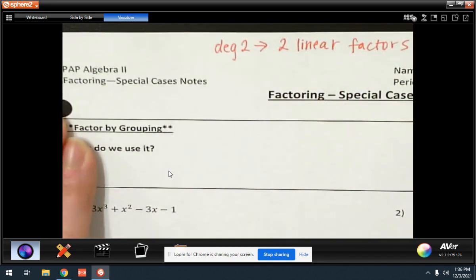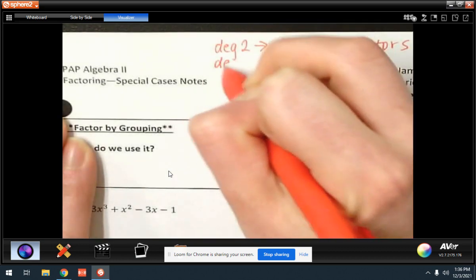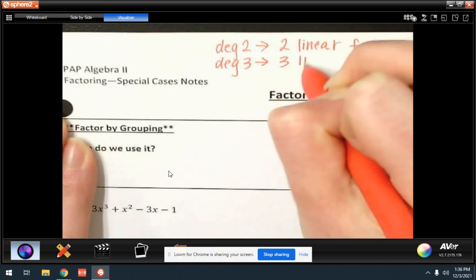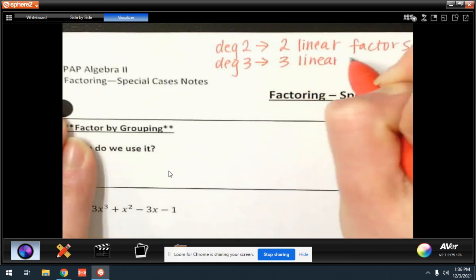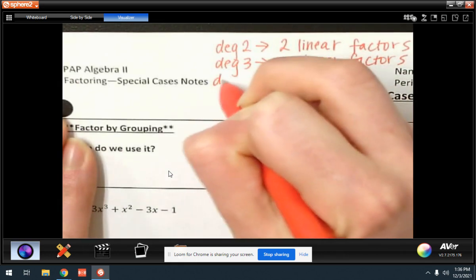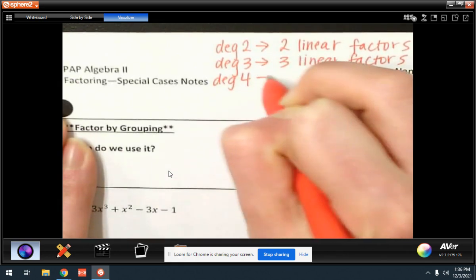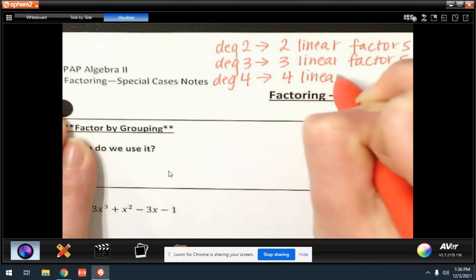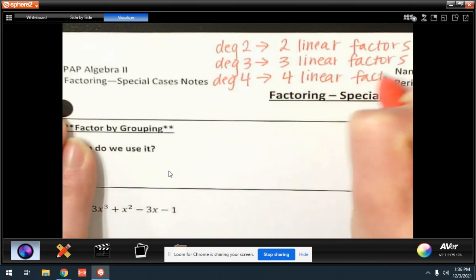We just did that on the warm-up 5 times. Okay, if we factor a degree 3 polynomial, our goal is to get to 3 linear factors. And then if we are factoring a degree 4 polynomial, we are looking for 4 linear factors.